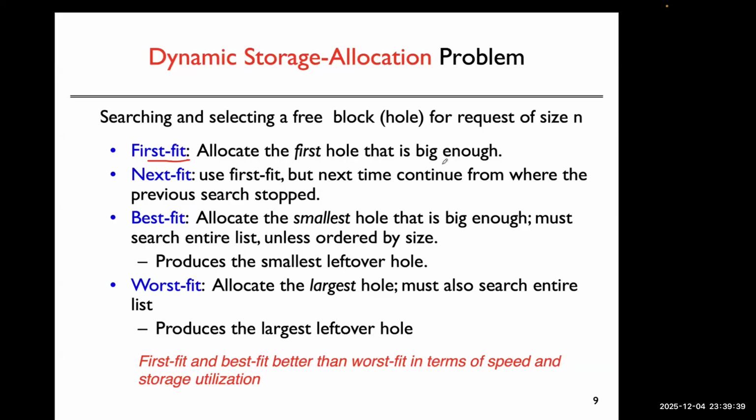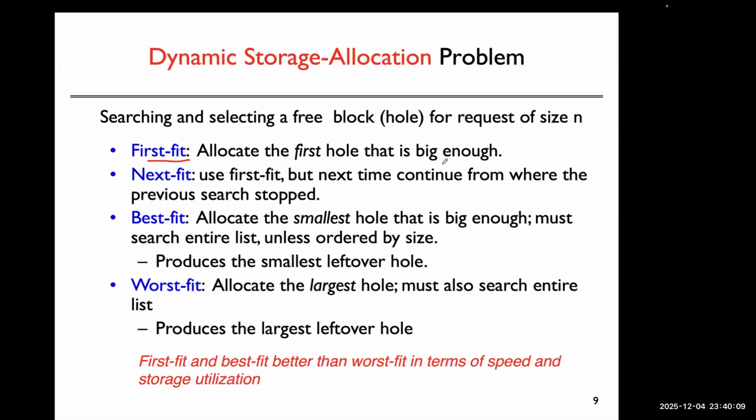Let's say you have a chain of holes or list of holes, and in that chain the first hole is of size 4 kilobyte, next one is 8 kilobyte, next one is 12 kilobyte, and so on. In this example I'm assuming they are ordered, but normally they are not, right? Let me give you an example of unordered. Let's say it is 4, 12, and 8, and your request of the process is 8.